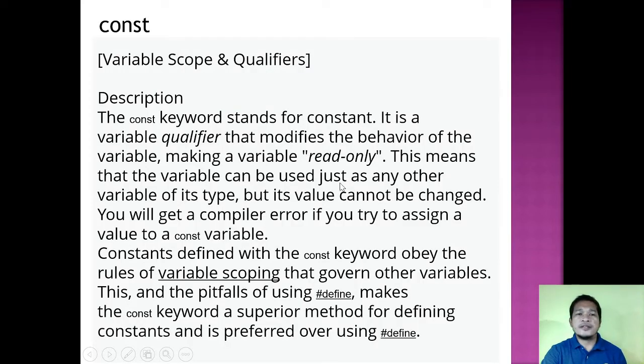So what is const? Actually, it is a variable scope and qualifier. We will use it in sample programs. The const keyword stands for constant. It is a shortened form, and that is why it is called syntax.